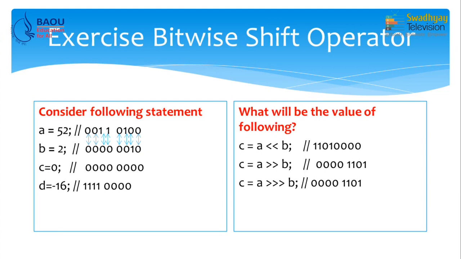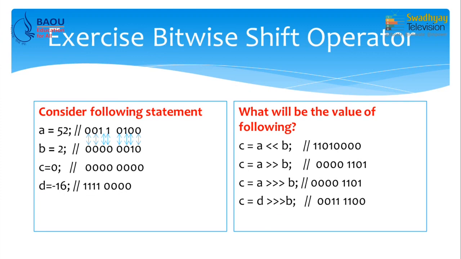Now, what is the difference between the second and last operator? Generally, if a value is negative, it will be converted into positive. Here, this will again shift all bits of A by 2, so the result is the same as the previous example, but what will happen if the value is negative?